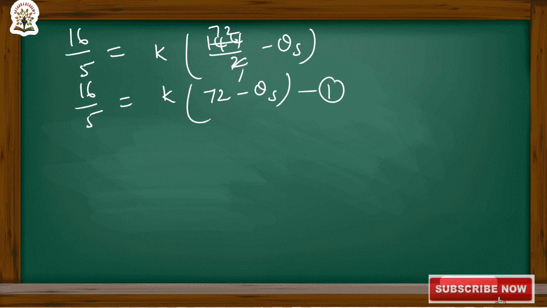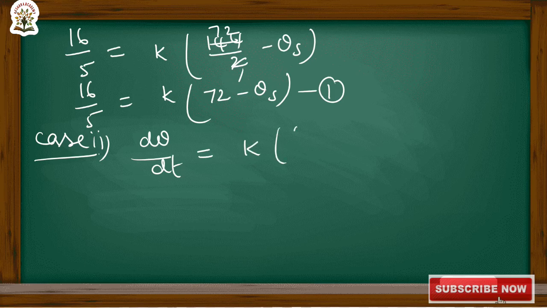And the second equation, now we are writing from case 2. From Newton's law of cooling, d theta by dt is equal to k of (theta 2 plus theta 3) by 2 minus theta s, the surroundings.